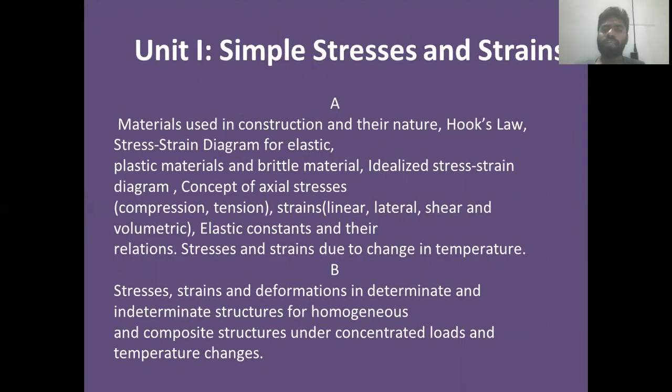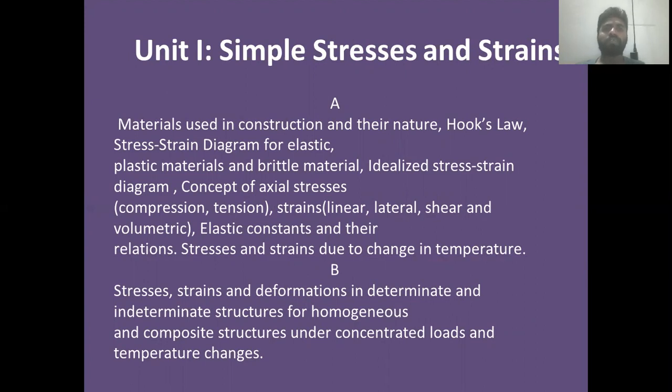In the first unit we have two sections, section A and section B. In section A, there are some contents like materials used in construction and their nature, meaning how the nature of the material is and how the physical properties are.